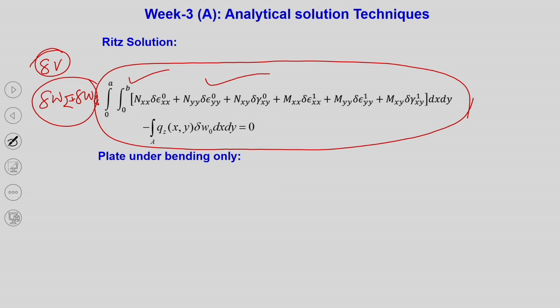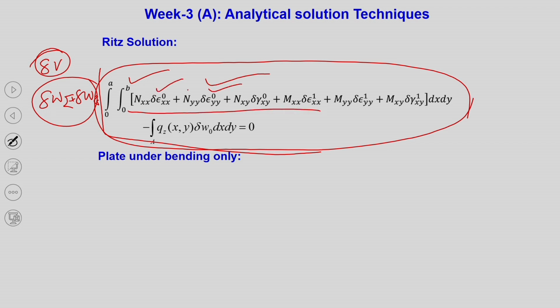Previously for the Navier and Levy solutions, I used the strong form, the ordinary differential equation. But when you are applying a Ritz solution or a finite element, you have to come up to here. Suppose you are interested in developing a Ritz solution for a functionally graded plate, a piezoelectric plate, or some different kind of material, then at least you have to come up to here.